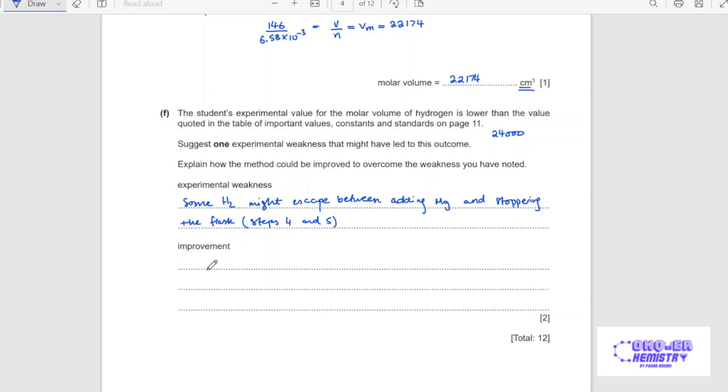So I could just say that keep the reactants separate, stopper the flask, and then allow them to react.